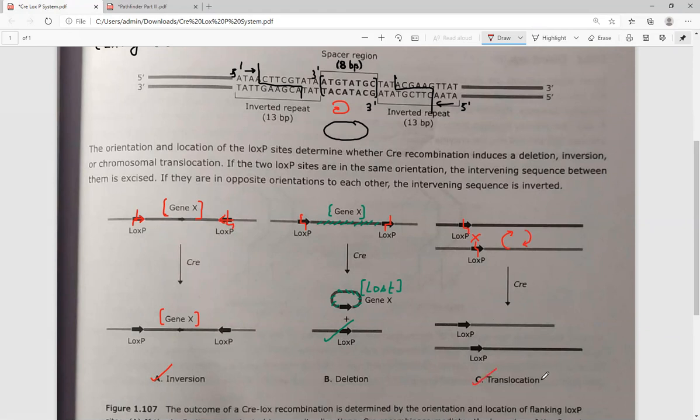Translocation refers to the exchange of genetic material. The exchange of DNA fragments has taken place. Exchange of the dsDNA has occurred.